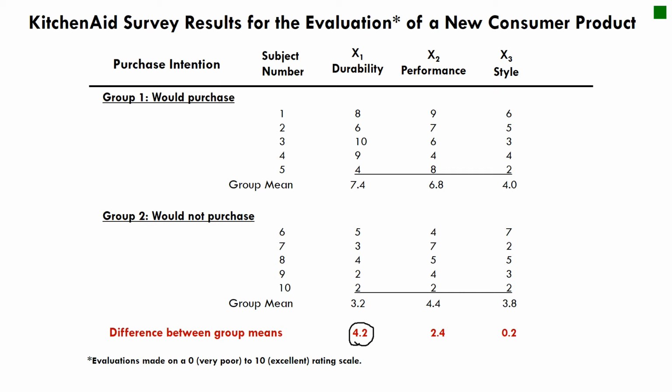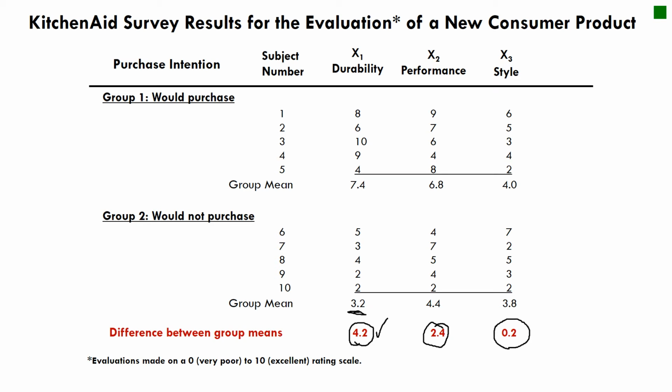It's very different for the group who are not willing to purchase. They perceive the average in durability to be much smaller, and we see this big distinction when we look at the difference between group means. We see still a difference in performance as well, but we don't see much of a difference here.